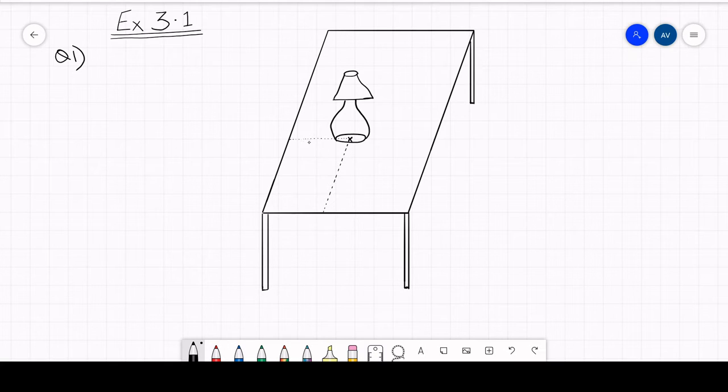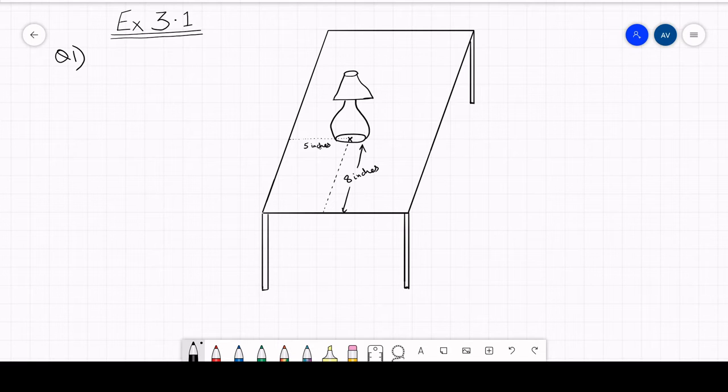And let's say when I take the measurement, turns out that this is probably 5 inches on the right of this side of the table, and it is 8 inches from the base of the table, right?